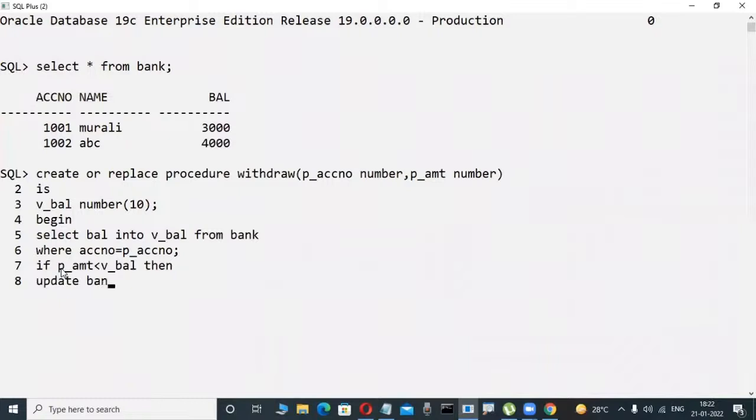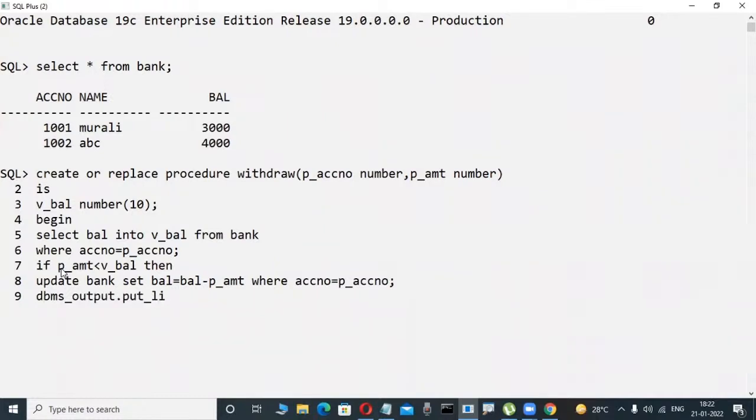Update table name, set balance equal to balance minus p_amount, where something. Okay, fine. Now check it out. Some coding is there. Here I am writing some message, same like in Java, .NET. Some messages I try to display.